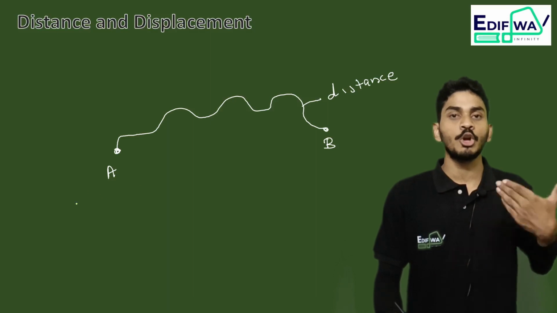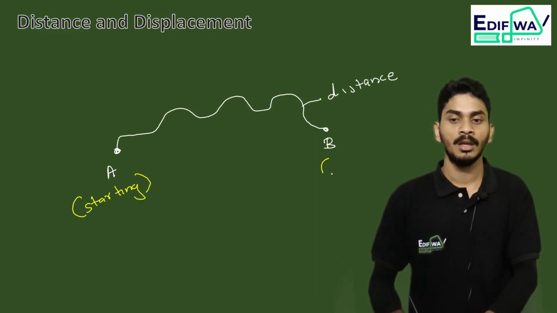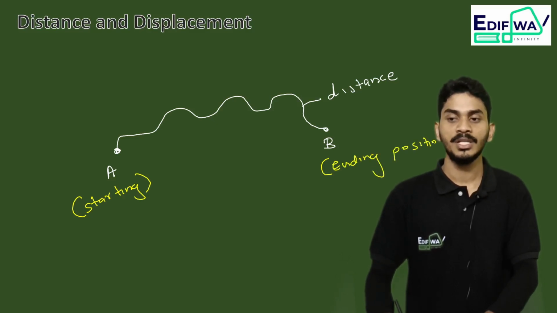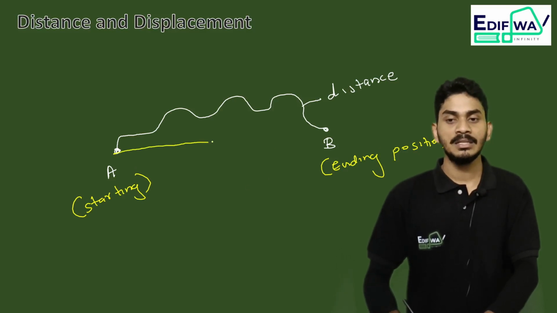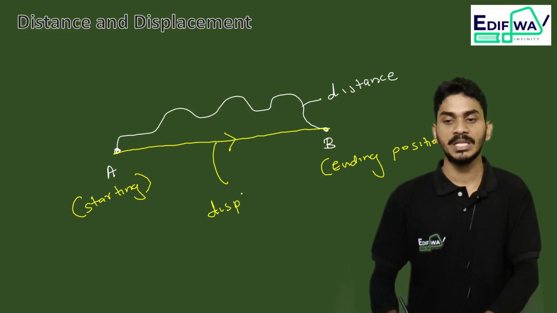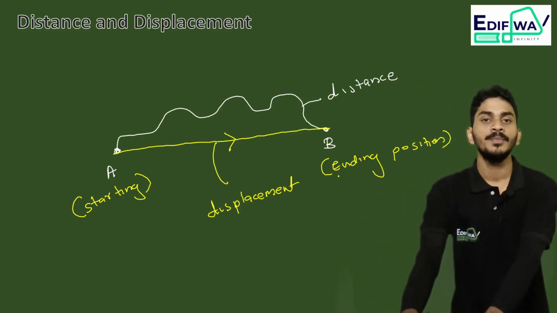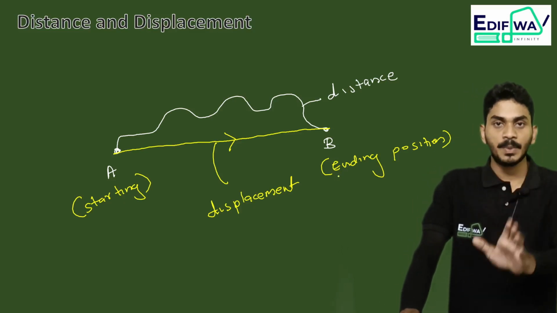Your starting position is A and your final, that is the ending position, is B. Then what is the shortest distance? Yes, it is a straight line distance, right? This will be your displacement. So from this figure, you can clearly understand what is meant by distance and what is meant by displacement.